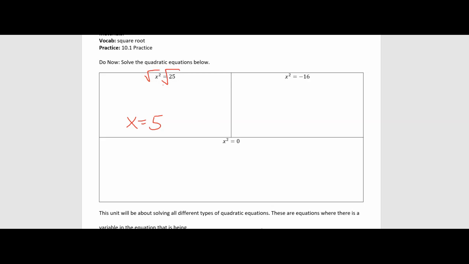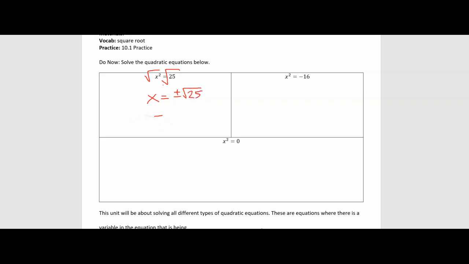So we've got to take the square root of both sides. So we take the square root of x squared, we get x. And when we apply the inverse operation of a square root to both sides, we actually are going to get a positive and a negative root. What this means is that we're going to have two solutions.